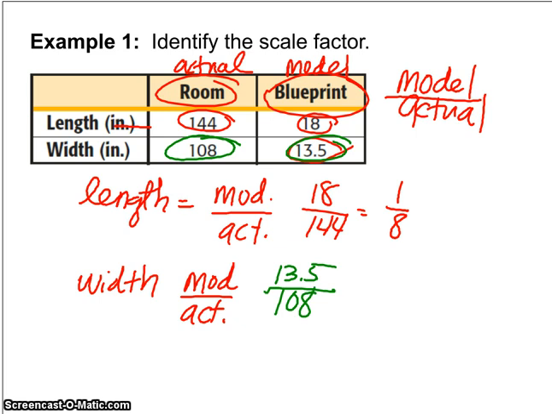Once again, grab your calculators or simplify this. On your calculators, when you divide 13.5 by 108, you're probably going to get a decimal. Go ahead and use your calculator to convert that to a fraction. This also ends up being 1 to 8.